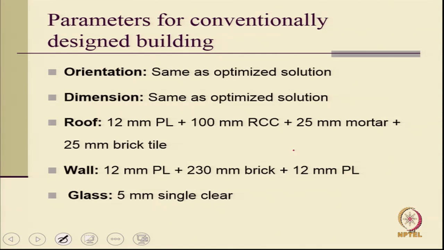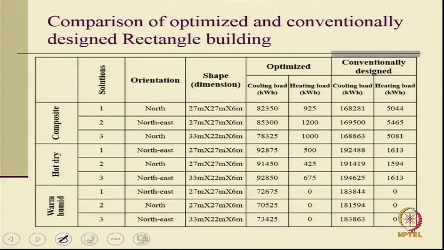You can calculate the cooling load, and you will find that you get a much better cooling load than the conventionally designed one as practiced. It would give you something of the kind of, let us say, 1680 kilowatt hours, and in this case it is nearly half. This is the third best solution; even that is nearly half of this, this third best, etc.